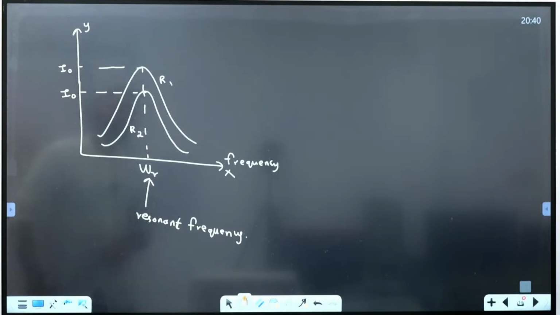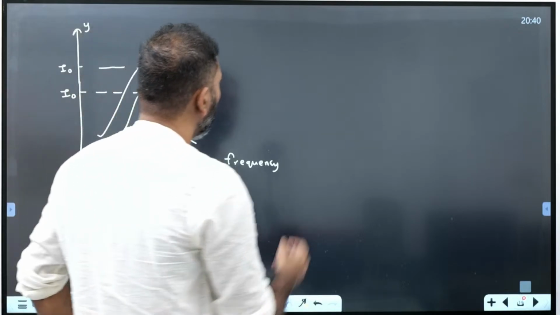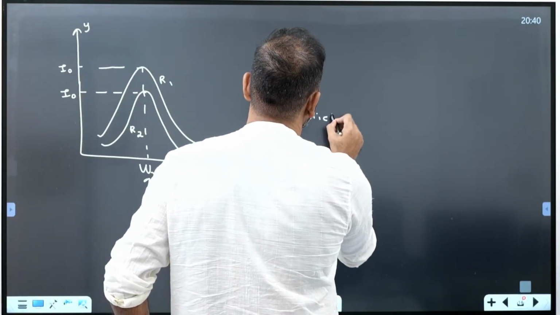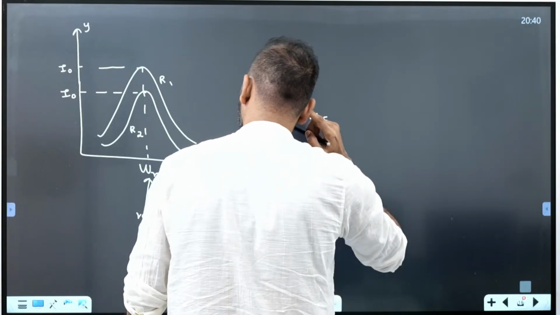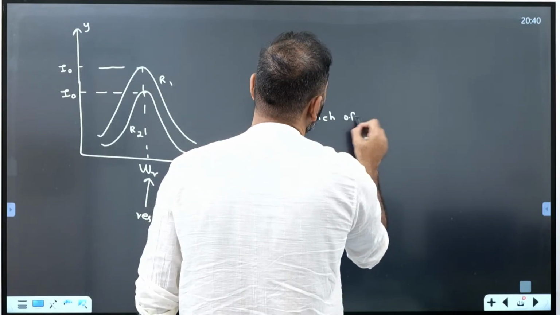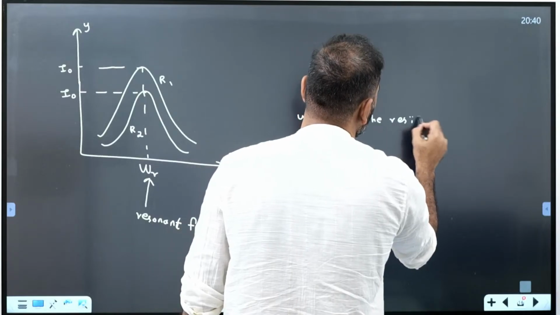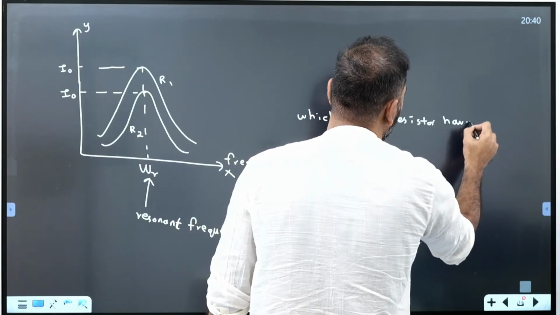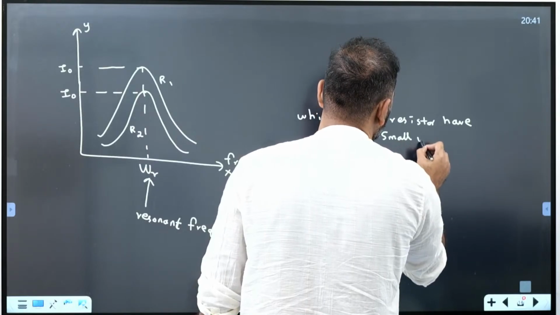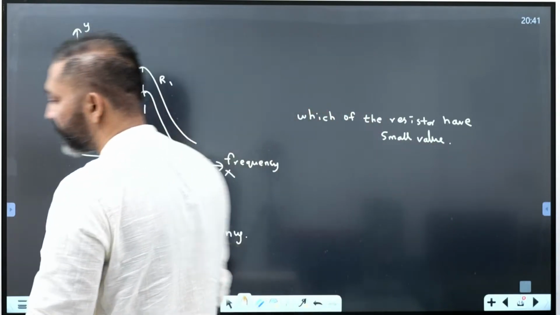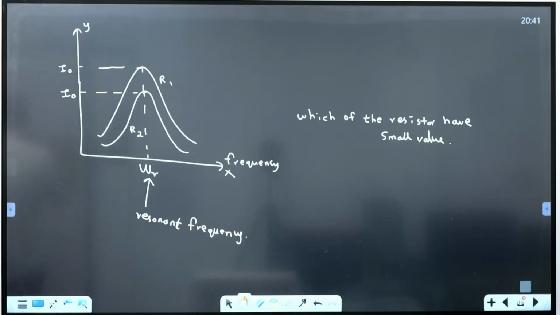Okay. Now, which of the resistor have small value?